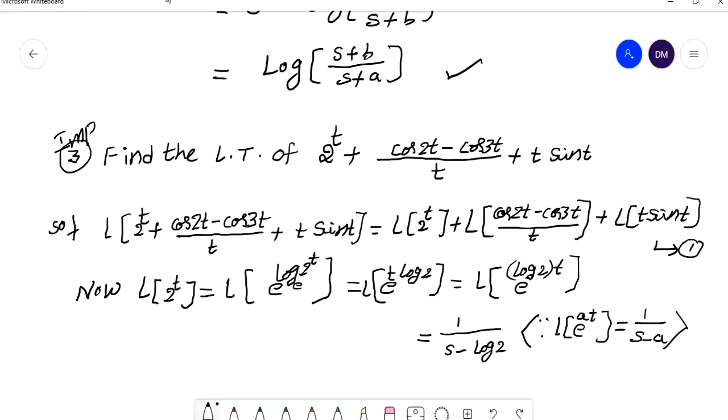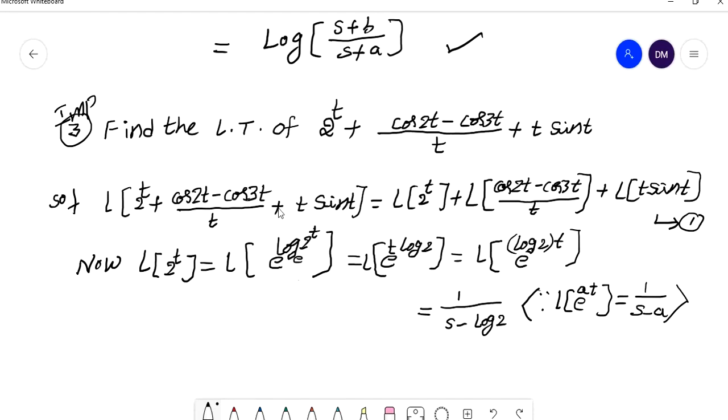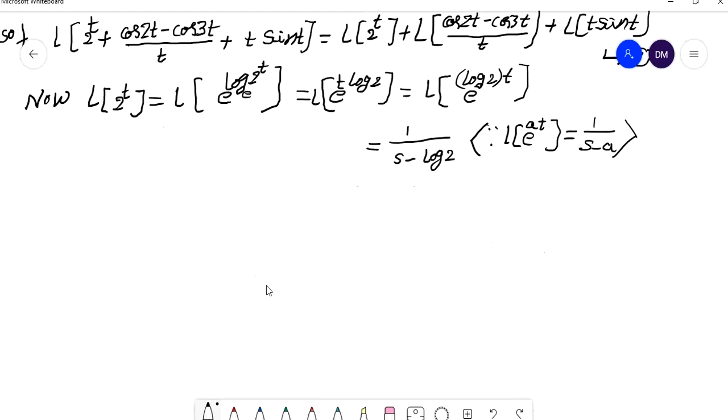So the first part is completed. Take this as equation number 2.